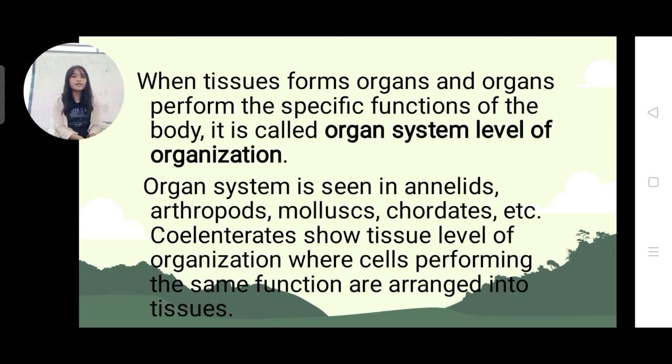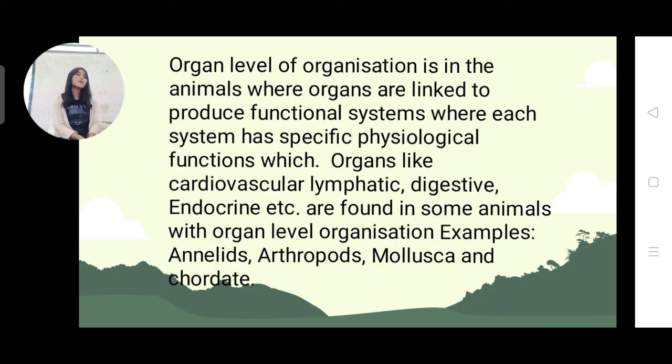Coelenterates show the tissue level of organization, where cells performing the same function are arranged into tissues. The organ system level of organization is in animals where organs are linked to produce functional systems, where each system has specific physiological functions, with organs like cardiovascular, lymphatic, digestive, endocrine, and etc. It is found in animals with the organ system level of organization, which includes the annelids.